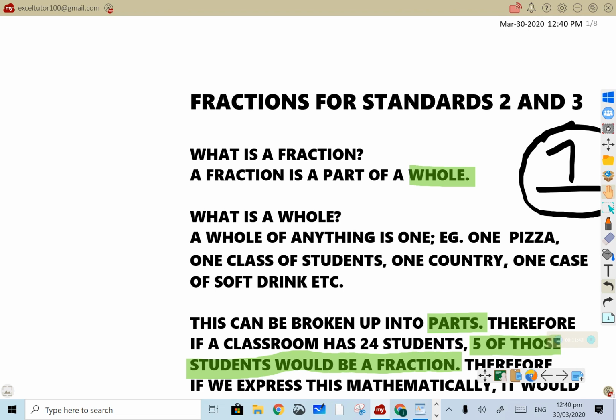Or a whole could be one block of something, like one block of soap, and you decide to separate it into different parts. Or you choose it, probably like the pizza. When the pizza was baked, it was just one whole, and then we divided it into different parts, creating fractions.